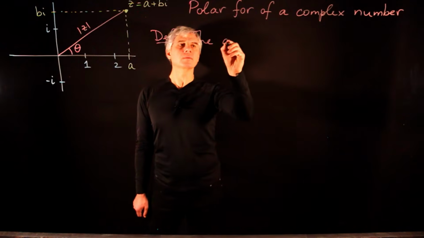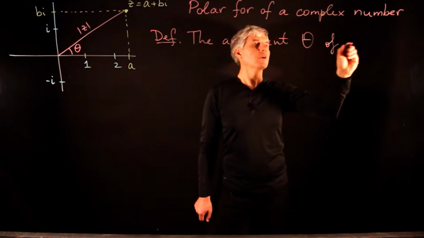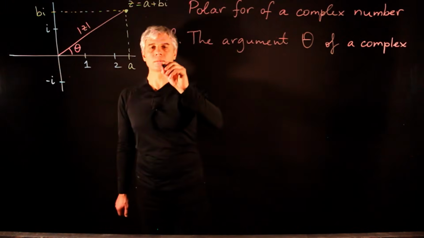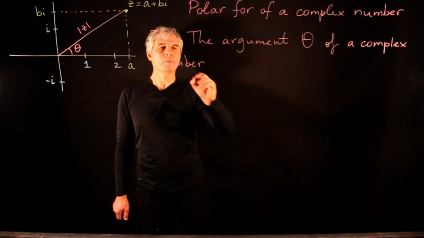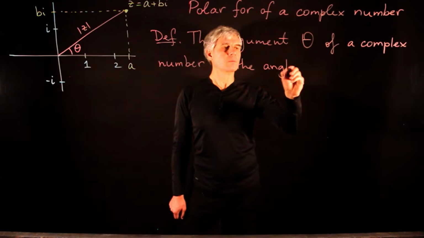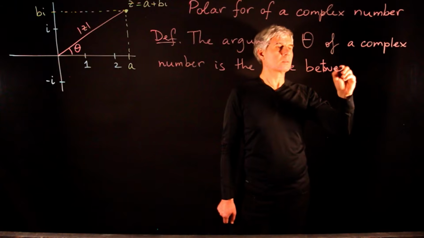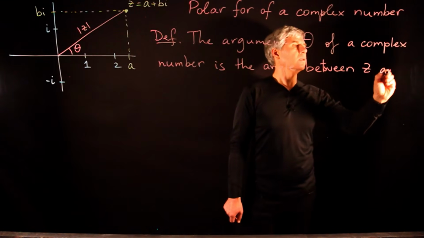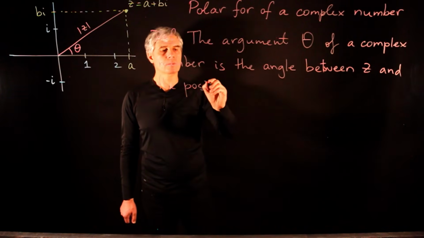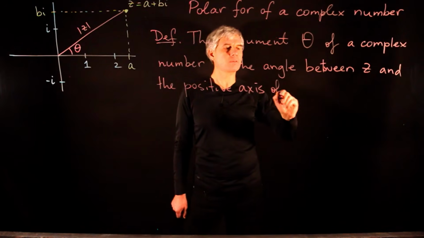The argument theta of a complex number z is the angle between z and the positive axis of a real line.